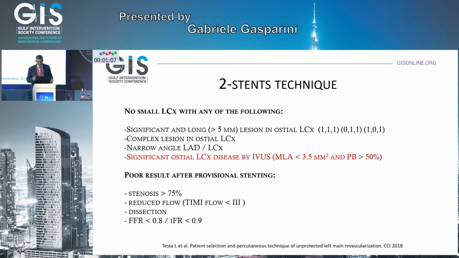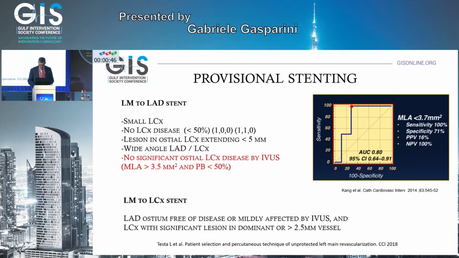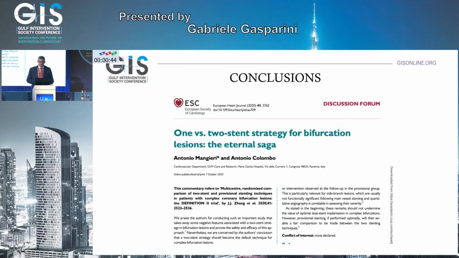And of course, in case of poor result after previous provisional stenting, in terms of stenosis more than 75% or reduced flow less than TIMI 3, residual dissection, or FFR less than 0.8 or iFR less than 0.9.